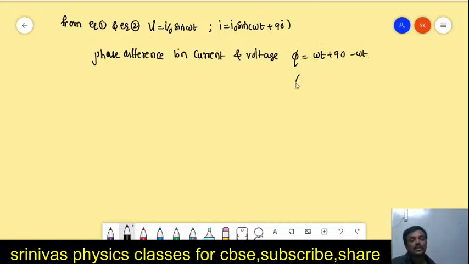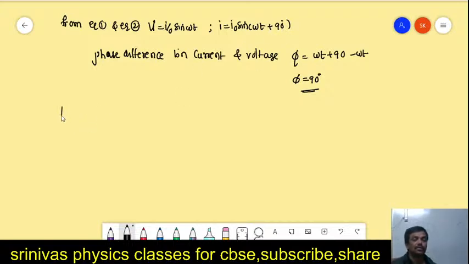Again the phase difference is 90 degree, but there is a little difference from the previous case. In the previous case, with minus 90, the current angle was less and the voltage angle omega t was more, but here the current angle is more. That's why we say that the current leads voltage by 90 degree.